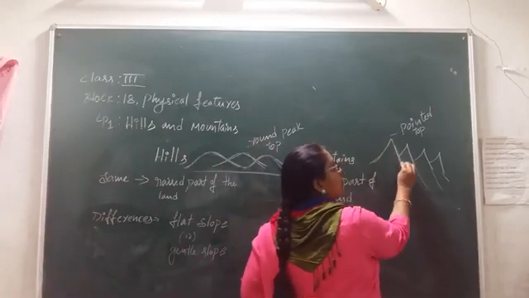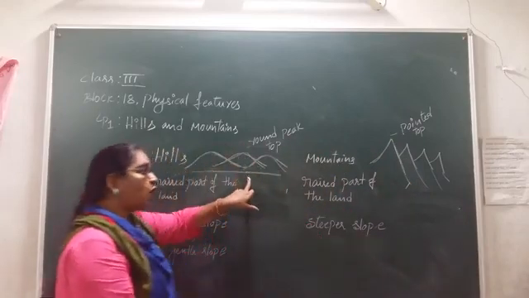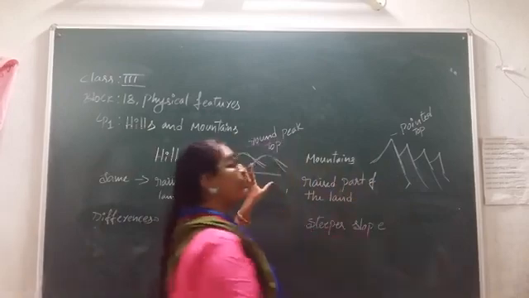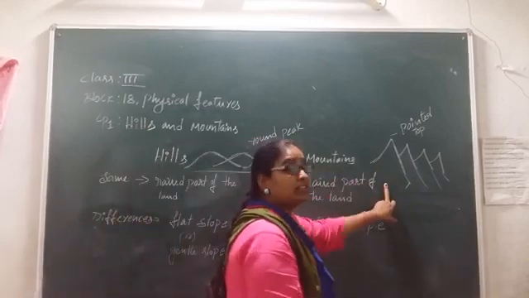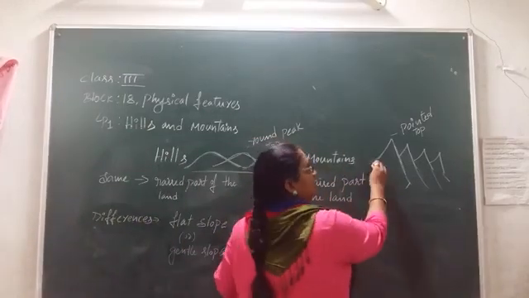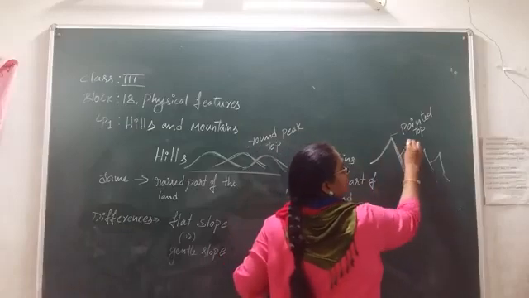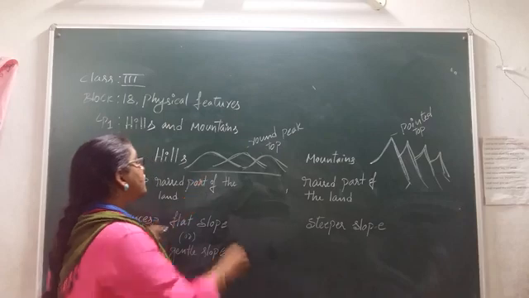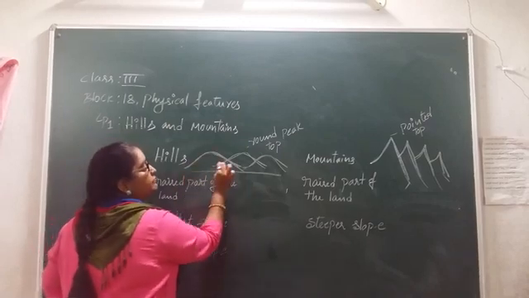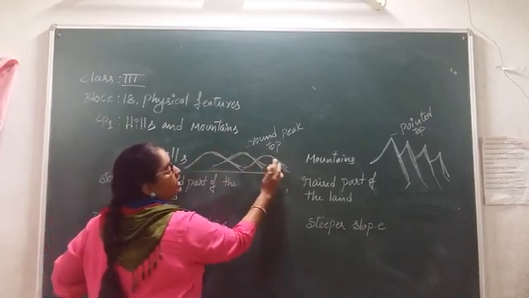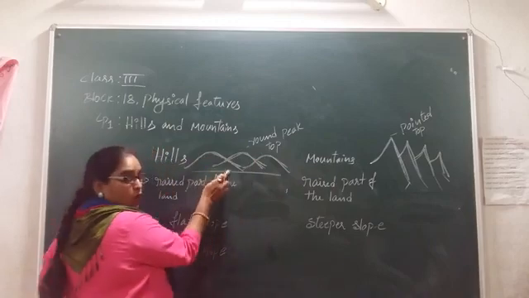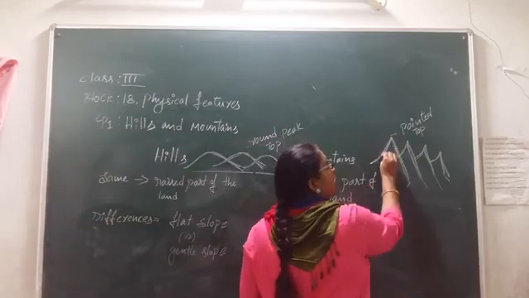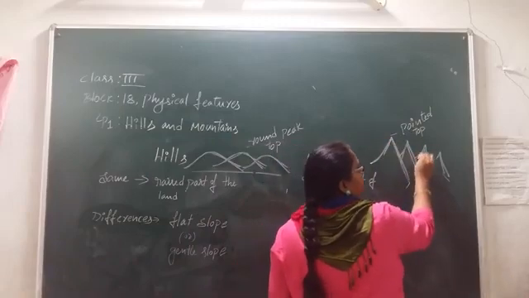And if you observe, comparing to hills, these mountains are much higher. Hills have round tops. And here the mountains have pointed or sharp peaks.